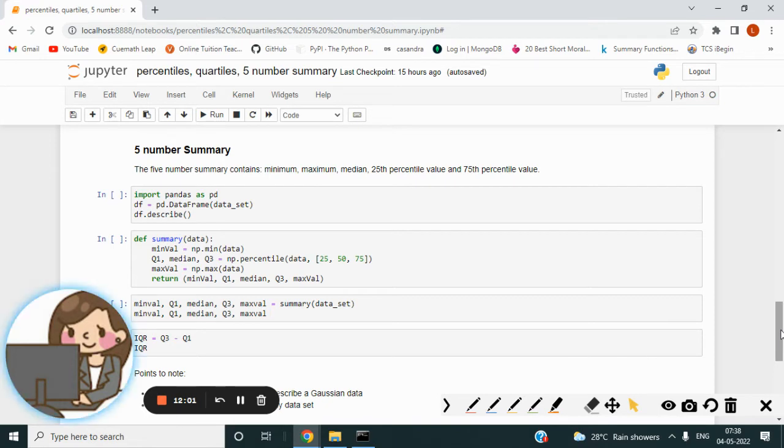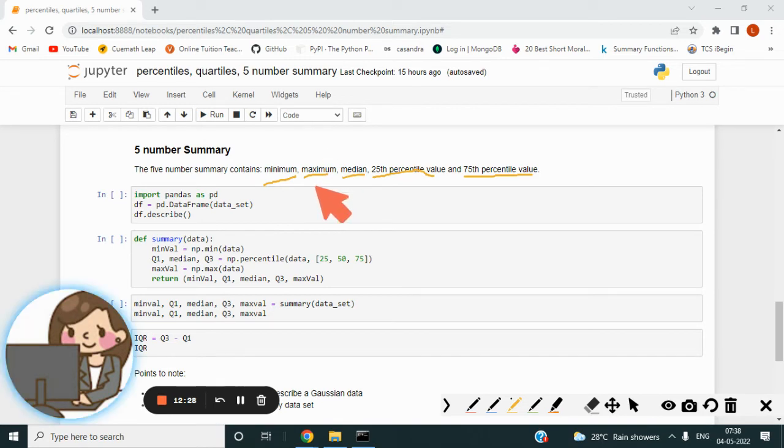The 5-number summary basically consists of the minimum value, the maximum value, the median, the 25th percentile value, and the 75th percentile value. This is how we usually give the 5-number summary.